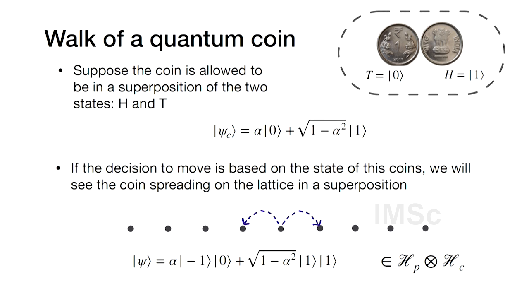And so at the end of this, you see that you get a particle or a state which is spread out on the lattice, and it also has a degree of freedom, which we'll call the spin or the coin degree of freedom. So it resides in a Hilbert space of a position and a coin space. Okay?